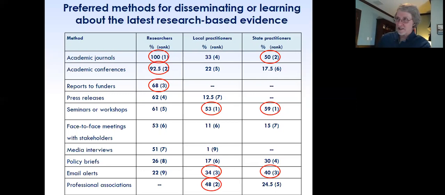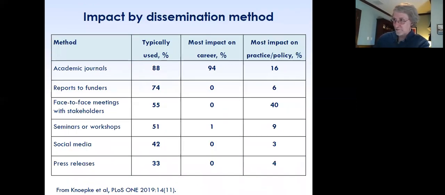All right, so let's look at a little bit of different data. These are data that look a little bit more at dissemination methods. This is data collected from the group at the University of Colorado, led by Chris Nepke. This is a study of both clinical and public health practitioners in the United States and Canada, a sample of about 210 researchers.